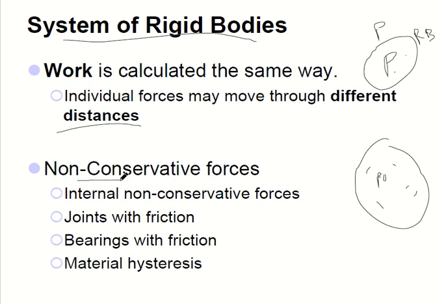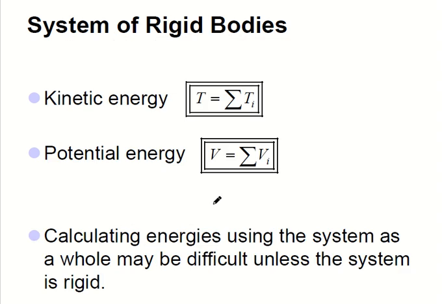Then of course we always have to think about the non-conservative forces where you lose energy. They cannot be stored back or recovered. So internal non-conservative forces: joints, bearings, material hysteresis. These are many different components of the system of rigid bodies.